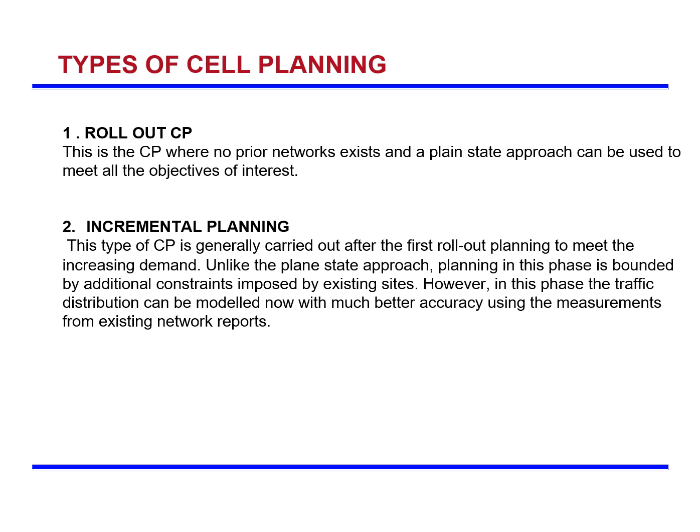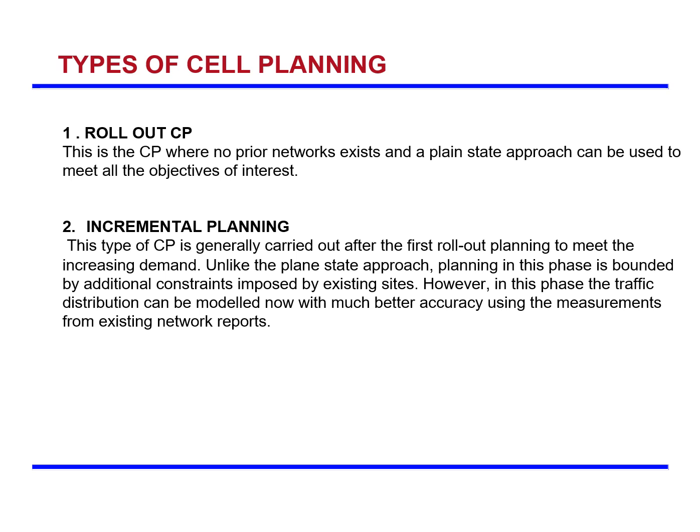Types of cell planning. The objectives, input and output of the CP process also depend on the type of planning. There are generally two types of cell planning: rollout and incremental. The first one is rollout CP.